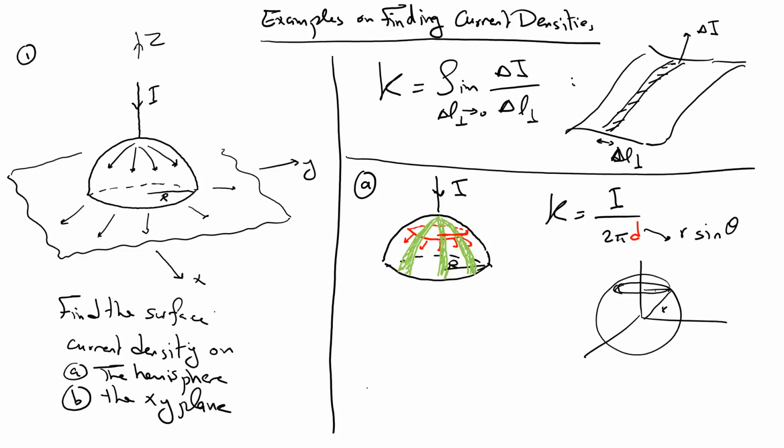This is the distance we call d, and this is by definition the angle theta. As you see, r sine theta is this d. So our K is nothing but I over 2 pi r sine theta, and you can add information about direction: since the flow of charges is going down over the surface, this is theta hat. All right, so this is part A.